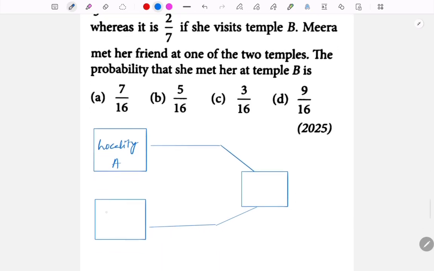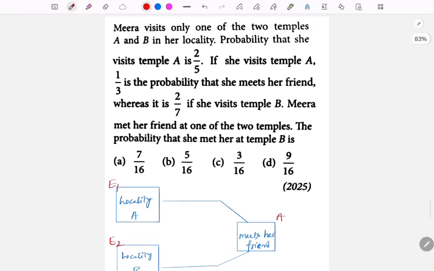This one is locality B, meets her friend here, right? Now let us take this as event 1, this as event 2, and the event name is A. Now write down the probabilities of all the given values.